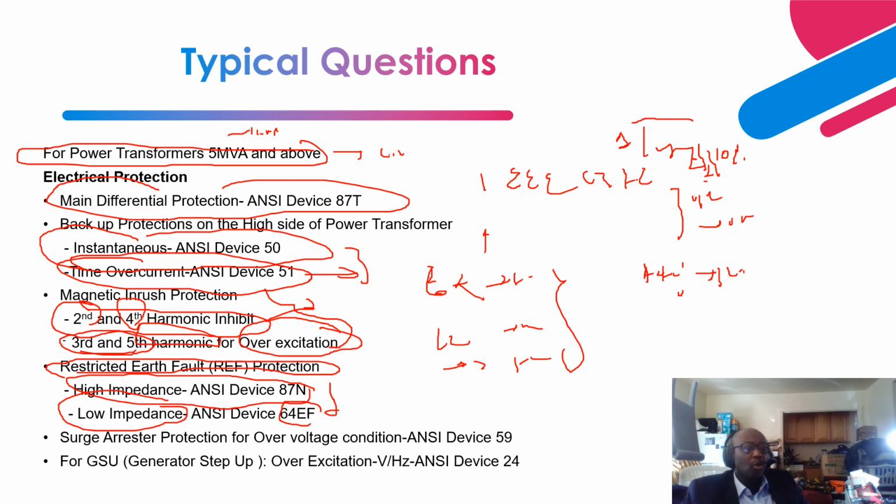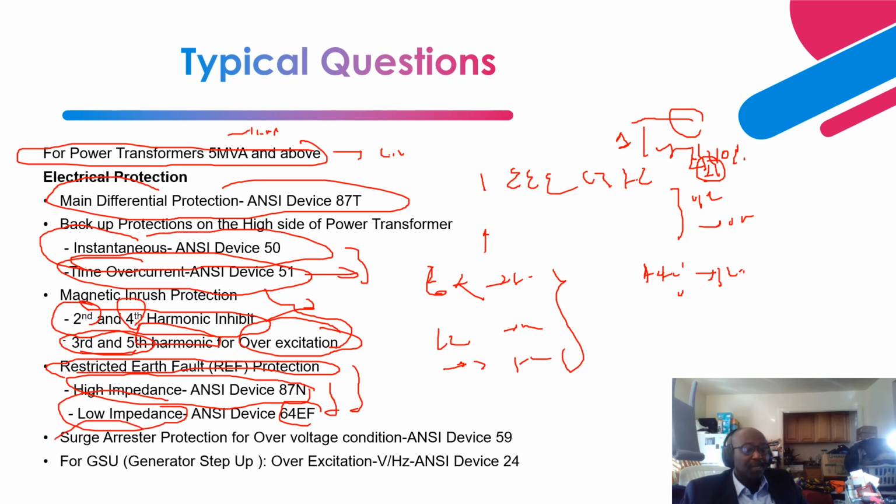Okay, so restricted earth fault protection is added to complement the main differential protection. The restricted earth fault protection is a very sensitive protection that protects the last 10 percent, the neutral of the low voltage winding.